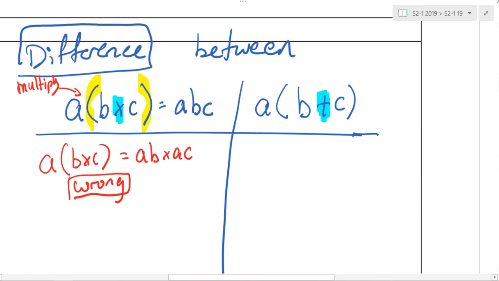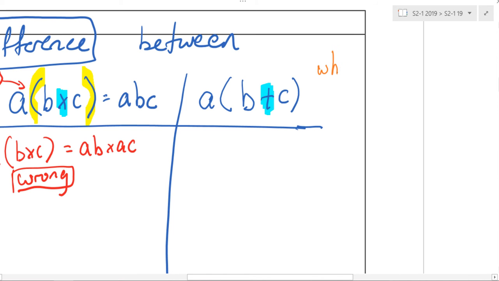Can I write down in words? When there is a plus or minus, you need to distribute. Now, distribute means the famous word created by Singapore as well. Rainbow, right? The rainbow thing.